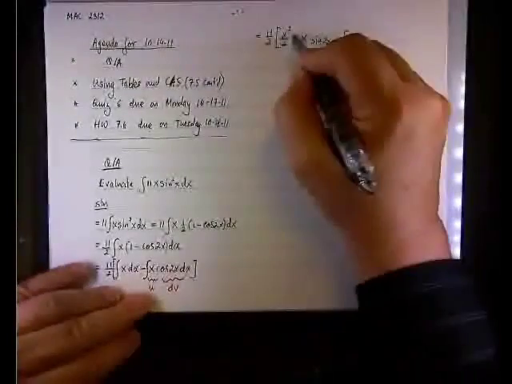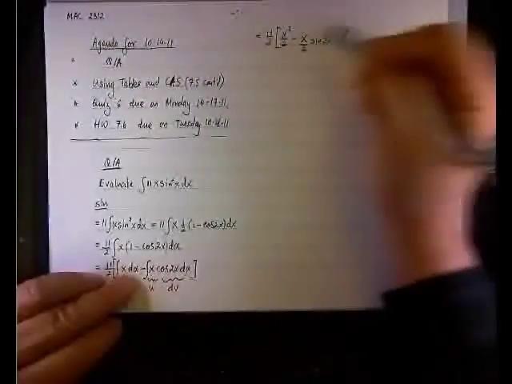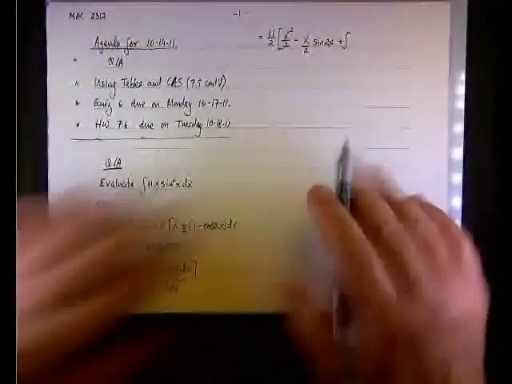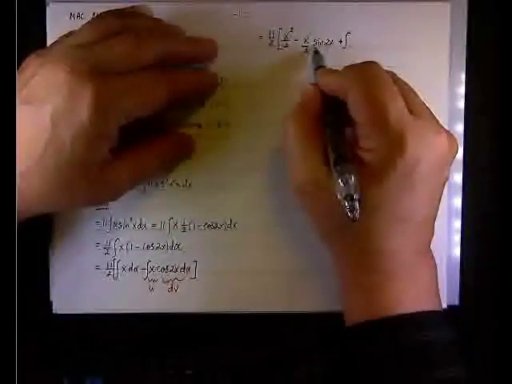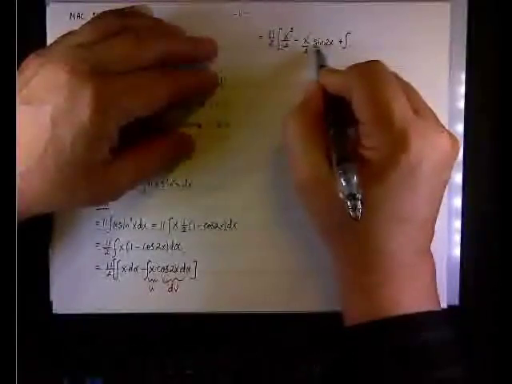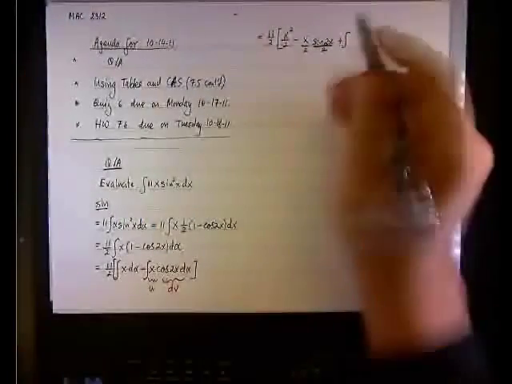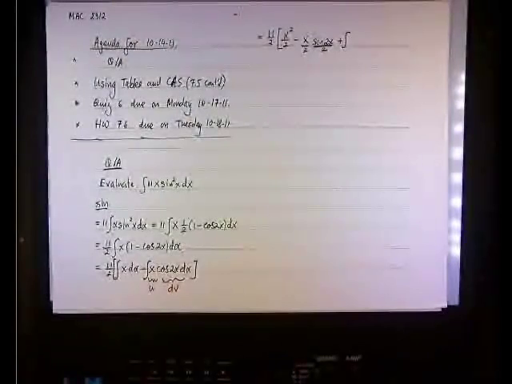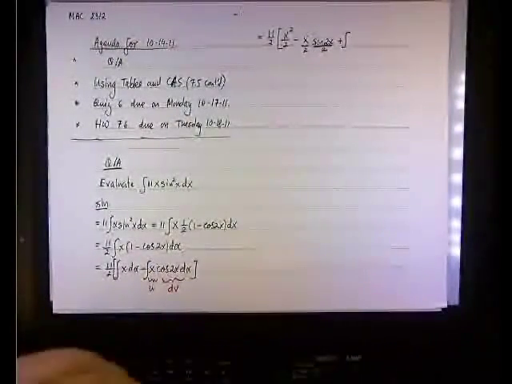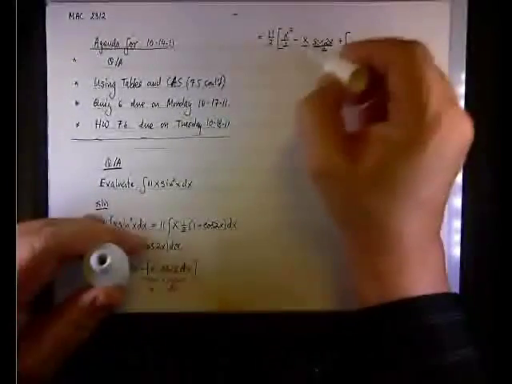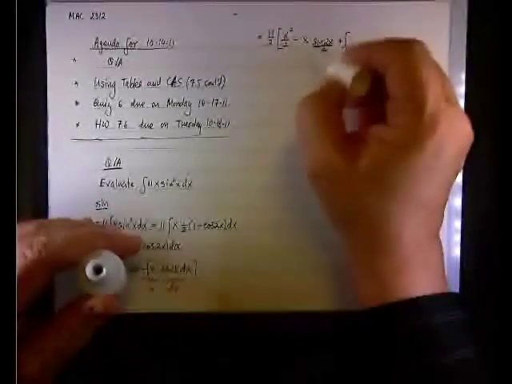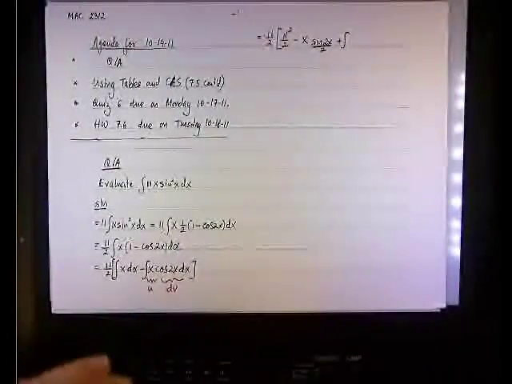I'm sorry, there is a multiplication here. No, I'm good. Sorry. I should have written it like so, sine of 2x over 2, because this is my v. Okay? And this is my u, so let's keep it the way it's supposed to be.